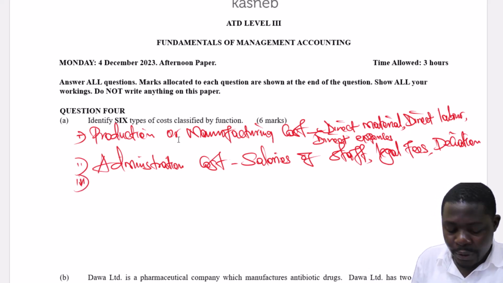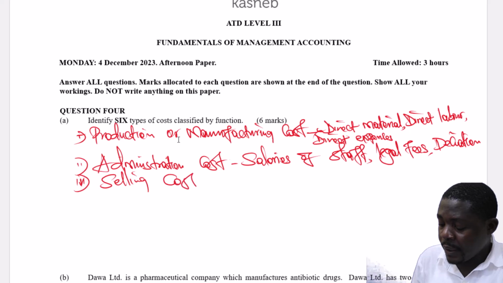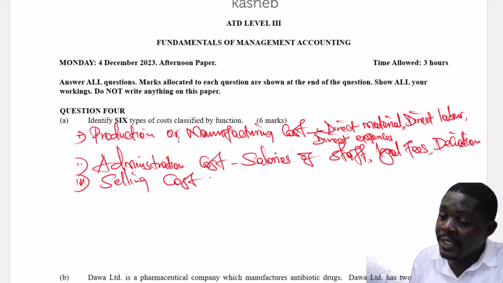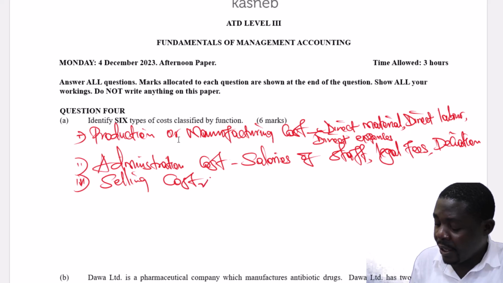Number 3, we talk of selling and distribution. Selling cost. Maybe when we are going to sell this particular product at a particular area, we have to incur the cost. Then Roman 4, we talk of distribution cost.